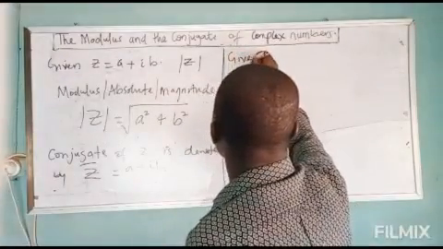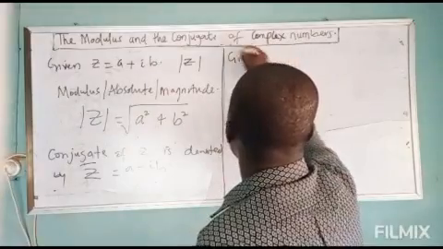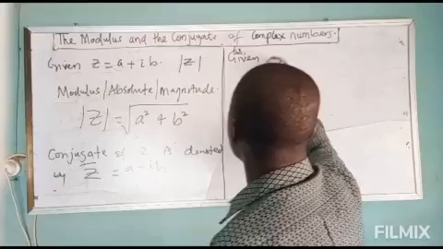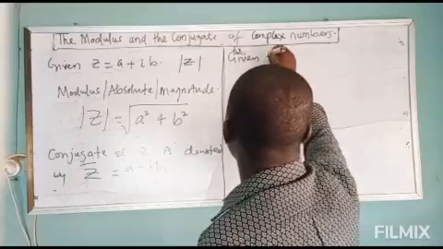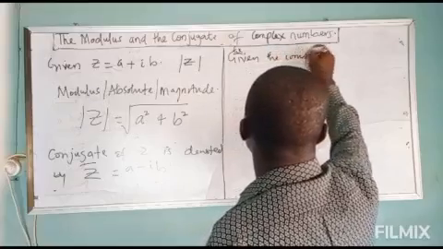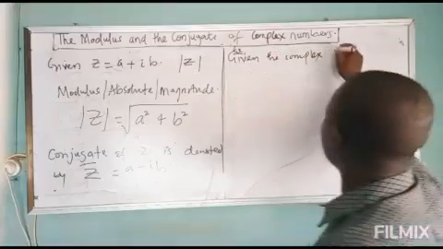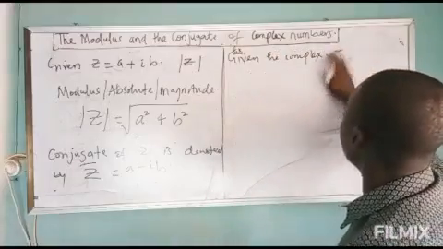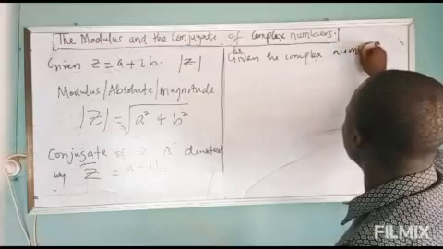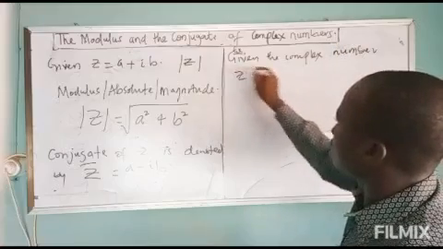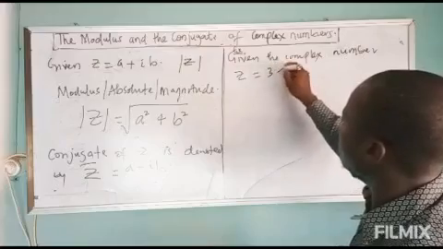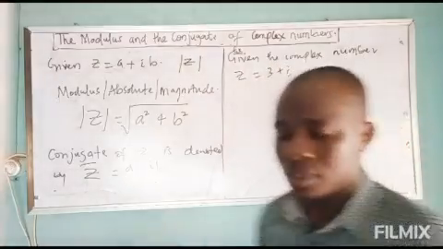Given an example, for instance, given the complex number z, that is z equals 3 plus i.